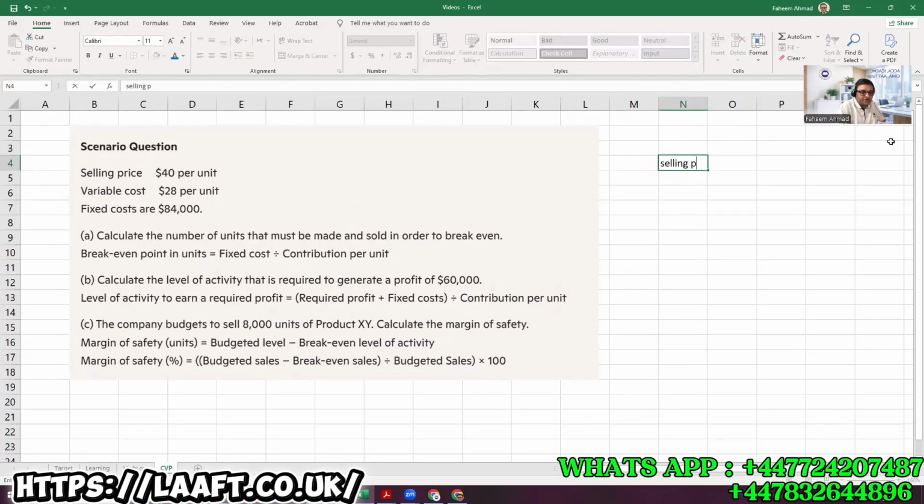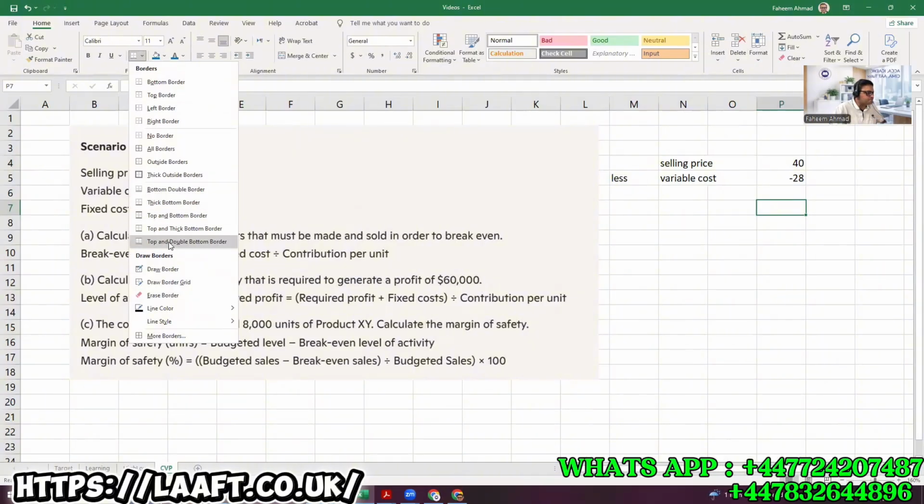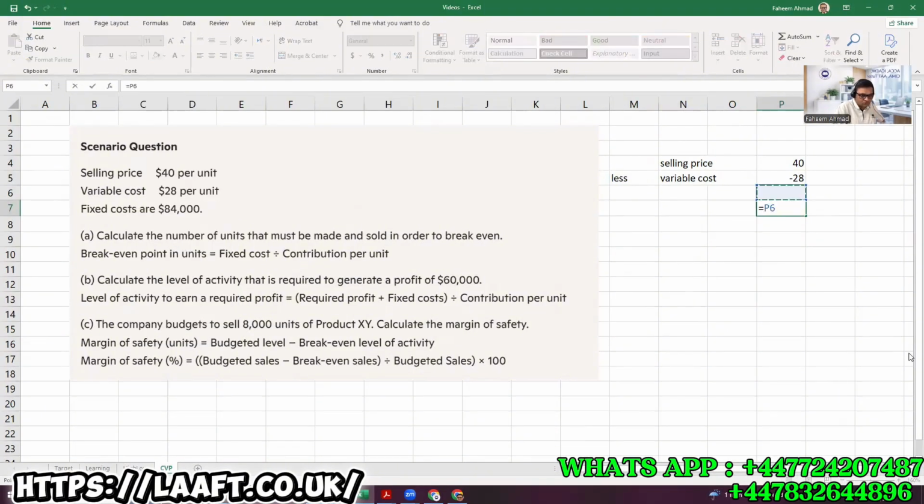We take selling price, we deduct variable cost out of it to reach at contribution. So this is how we calculate contribution margin. This is contribution per unit.